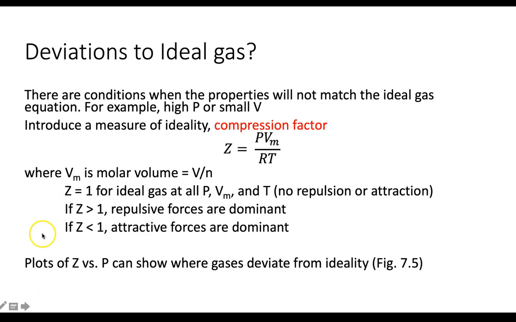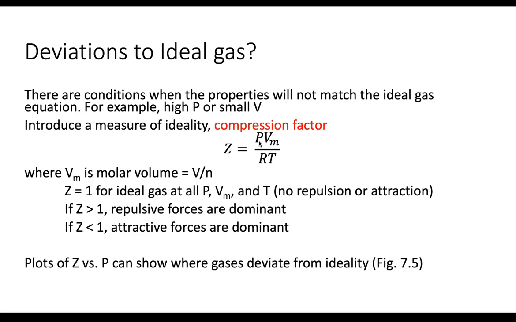Now, in some cases, we're going to get non-ideal behavior. And so if this Z is greater than 1, right? So if this is larger than what this should be, that means that the pressure or the molar volume that the gas wants to occupy is larger than what it would be in ideality. So that means that these gases are repelling each other.